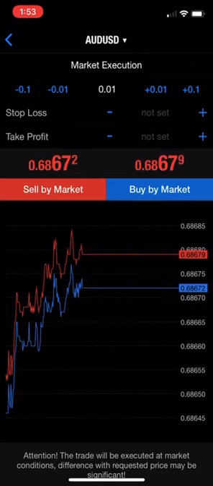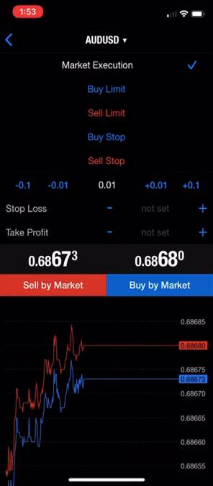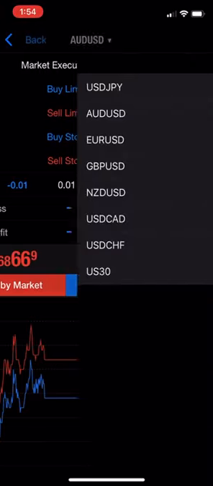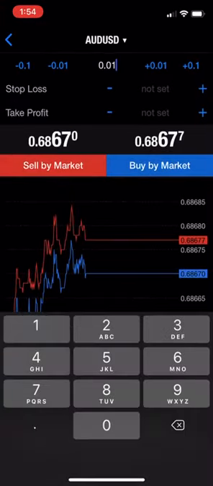Underneath it, if you click on market execution, it's going to give us 5 options to trade. We can do a market execution and come in right at the price that the market's at. We can do a buy limit, sell limit, buy stop, or sell stop. Those will be in another training, but I just wanted to show you where those are. Underneath that, we have the lot size.